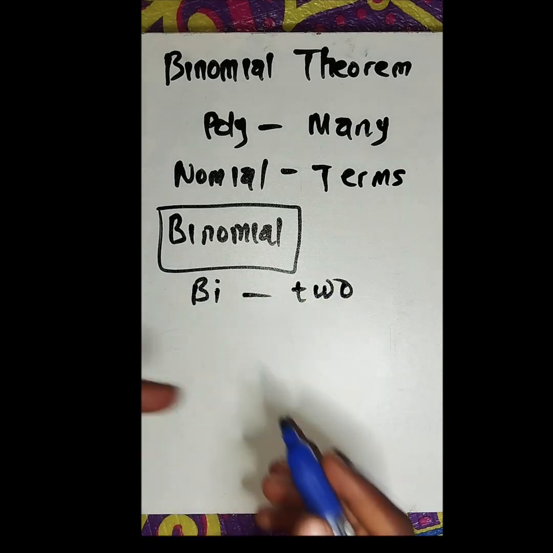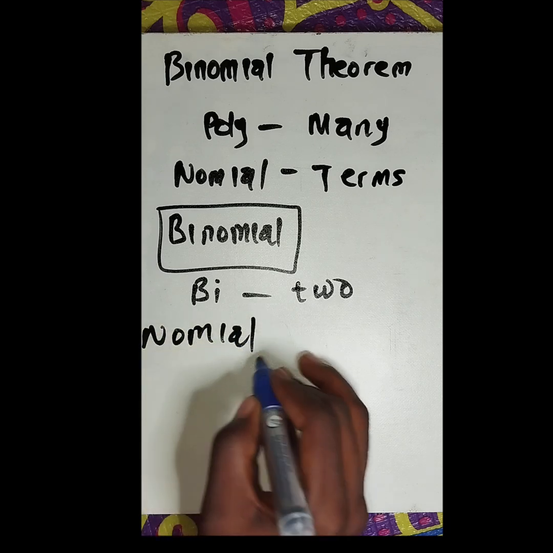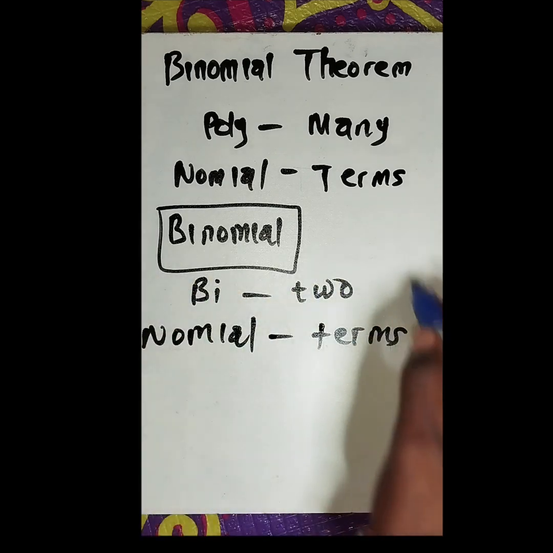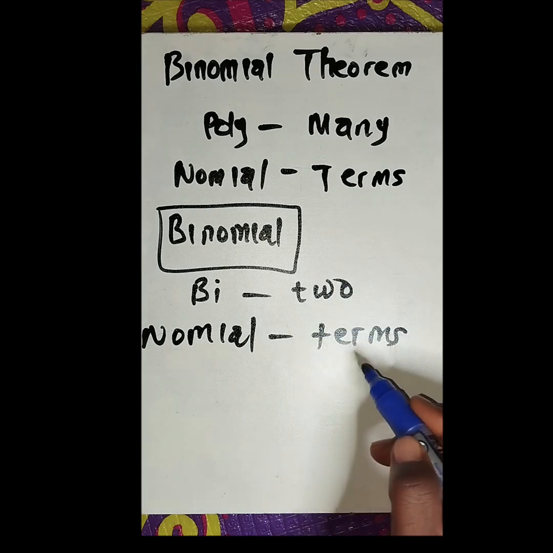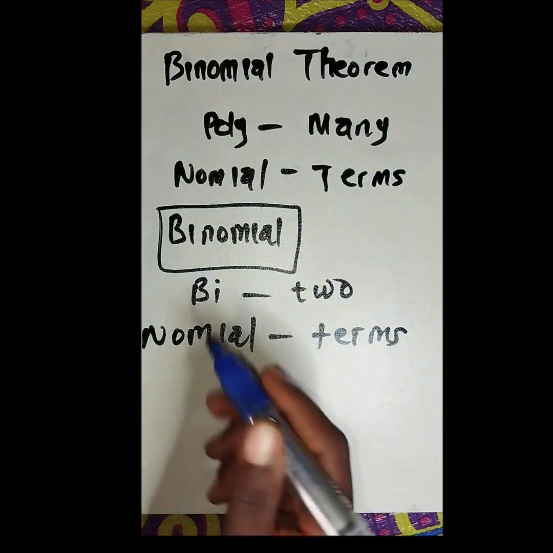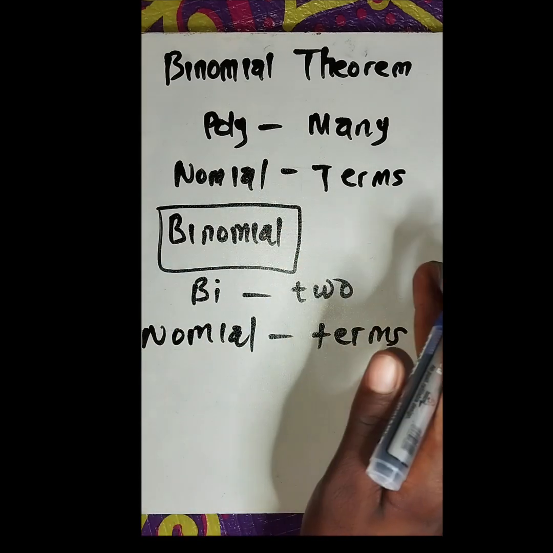Of course, when you hear bi, it simply means two. And when you hear nomial, it simply means terms. So therefore we say binomial is an algebraic expression with two terms. Or you could say binomial is a type of polynomial with two terms. I hope this is clear.